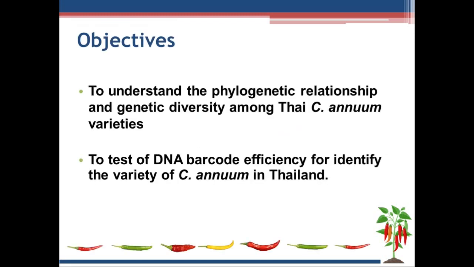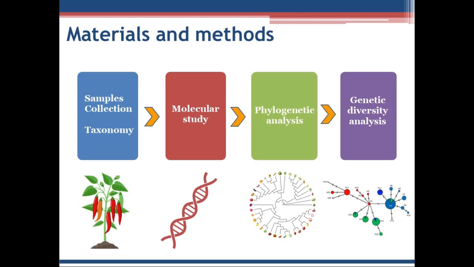The objective of this study is to examine the phylogenetic relationship and genetic diversity among Thai Capsicum annuum varieties and to test DNA barcode efficiency for identifying the varieties of Capsicum annuum in Thailand.